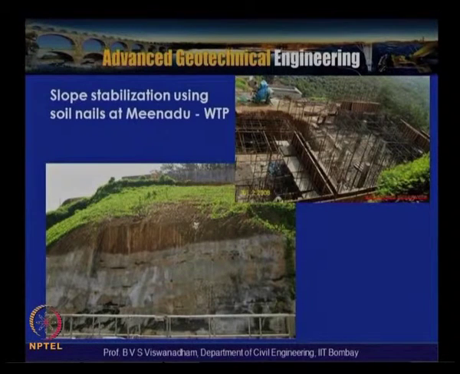So it can be seen that patches of water seepage can be seen here. Here a spacing of 1.5 meter by 1.5 meter is adopted for a typical nail length and nail inclination, and the analysis was carried out by Talren software, which includes the effect of the soil nails in the modified Bishop's method of slices.